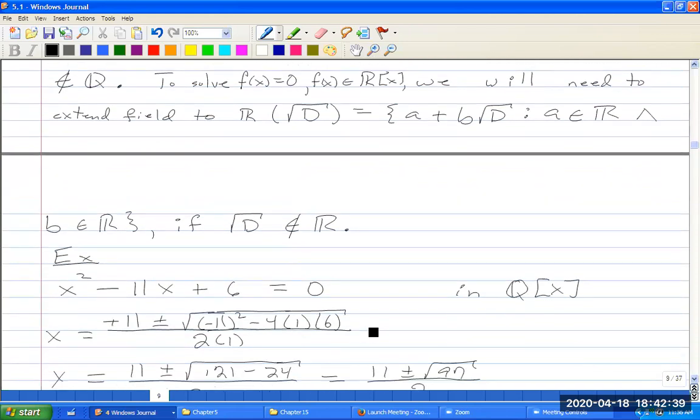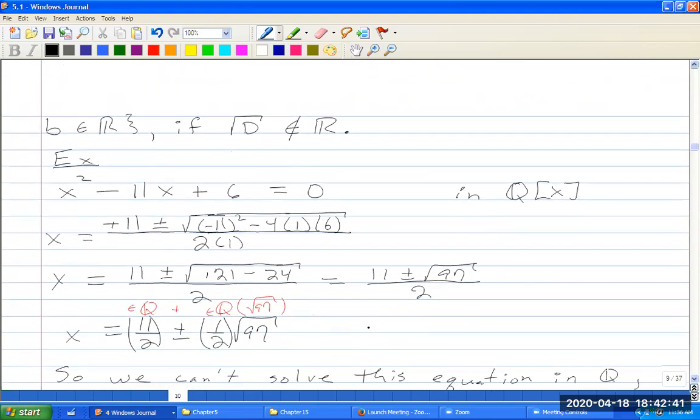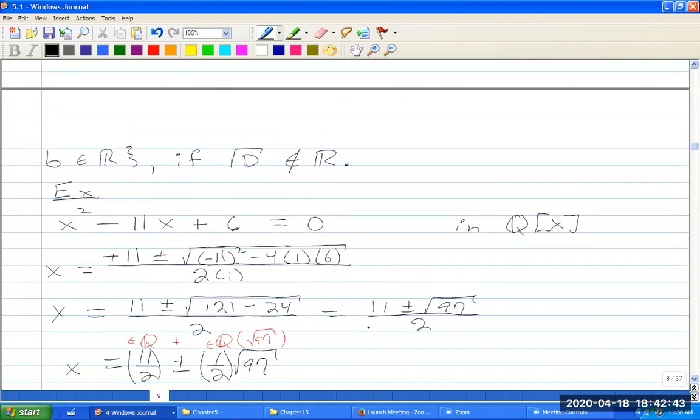So, an example. Suppose I want to solve x squared minus 11x plus 6 equals 0. Notice that each of these coefficients is a rational number.